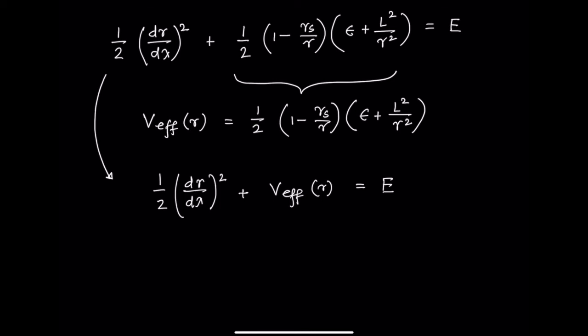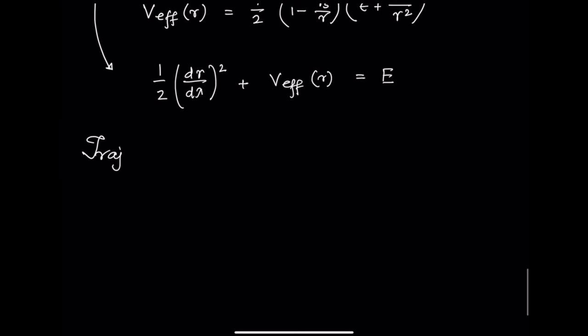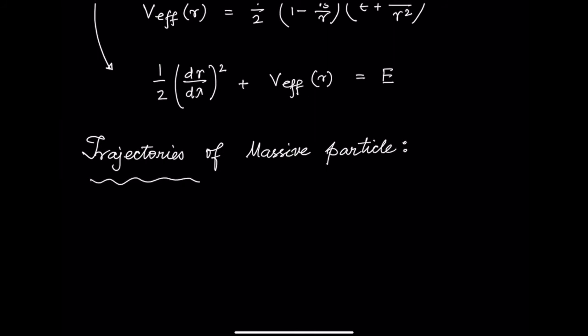Okay, so to analyze any further, let us look at trajectories of massive particles. We have not done any approximation yet, so one should remember that we are dealing with everything exactly. So trajectories of massive particles is what we want to look at.